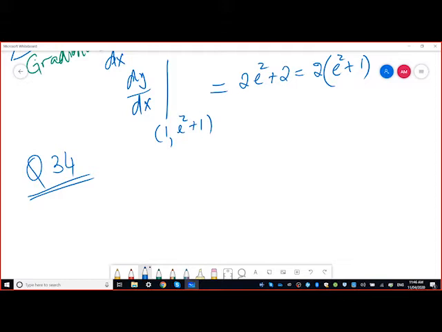Kindly read the question, a little louder please. If $100 is invested at 8% per annum, compounded continuously, the account grows to $100 times e to the power of 0.08t after t years.